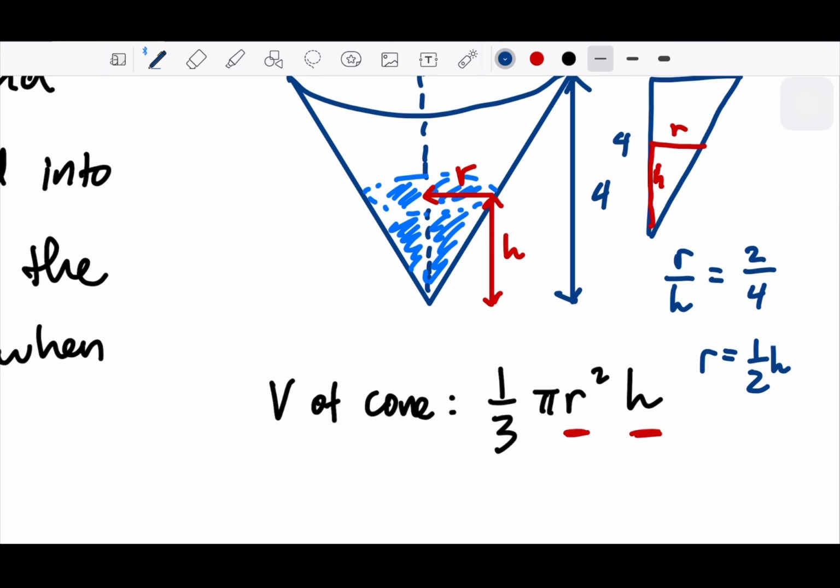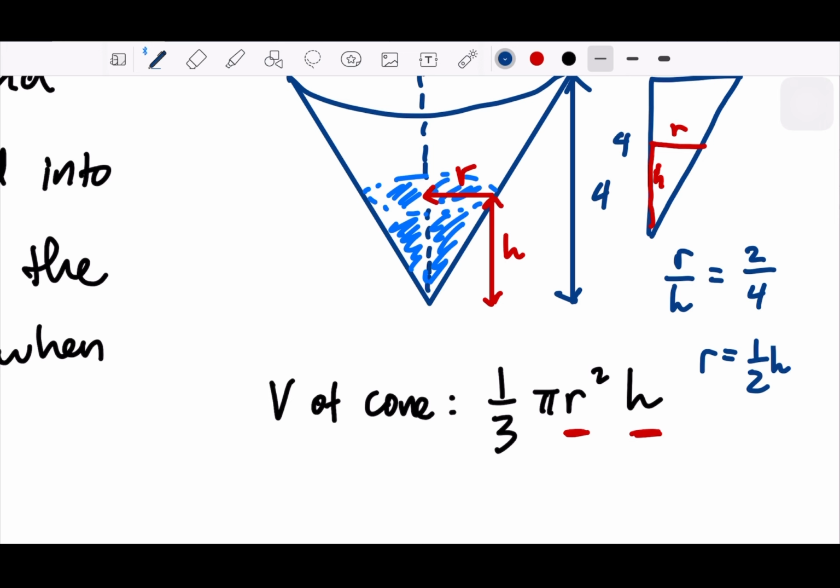And this will help us to define this r squared h. You can define R in terms of H or H in terms of R, so you can substitute each one of them. Well, it depends on what the question is, right?